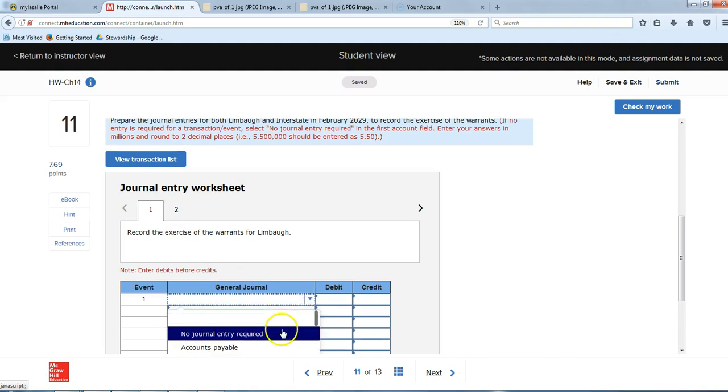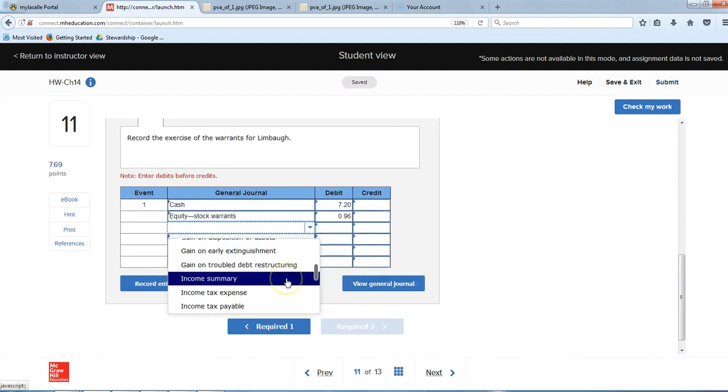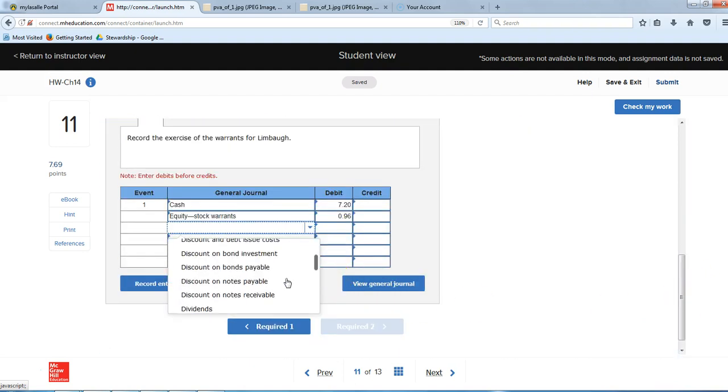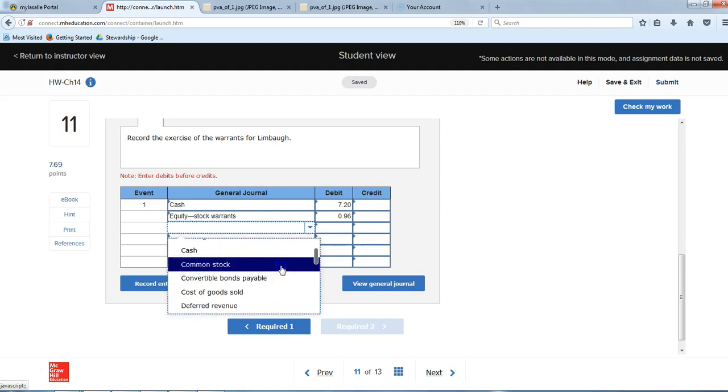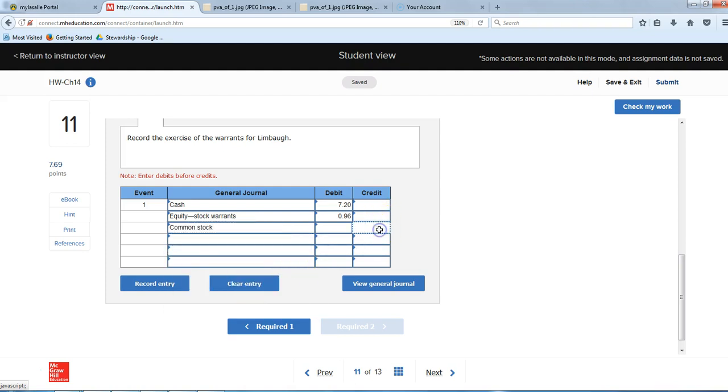So we will write off equity stock warrants for $0.96 million. And then real stocks will be outstanding. So we will credit common stock for Limbo.